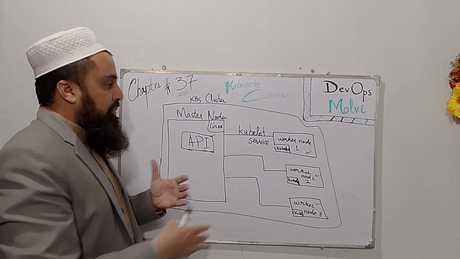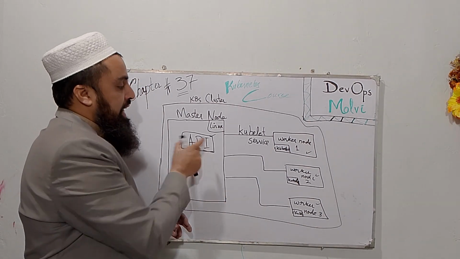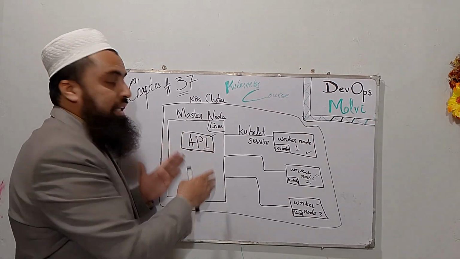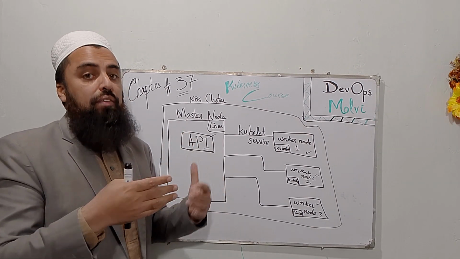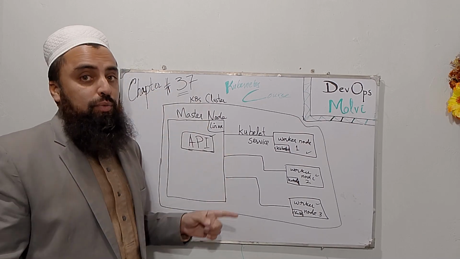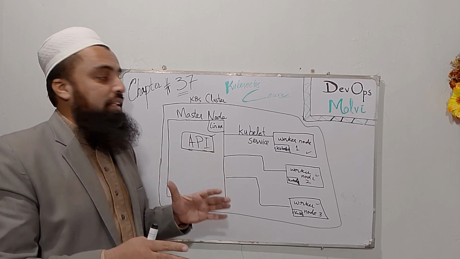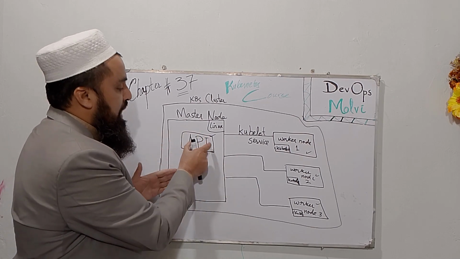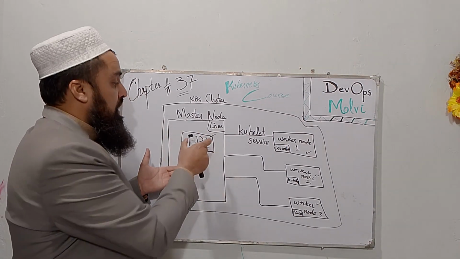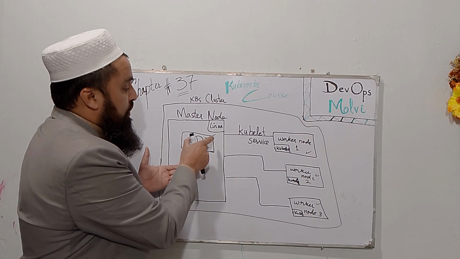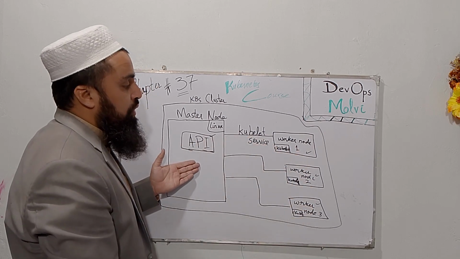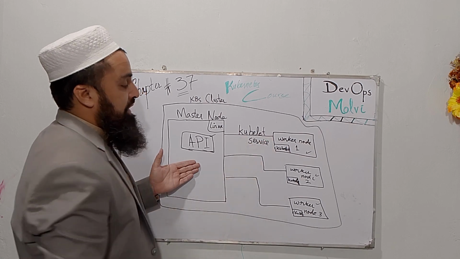So let me repeat it again. We have this API server on the master node. The master node is the cockpit, just like in any aeroplane. We are going to discuss the control plane as well, and what the components of a control plane are. But for now, the API server triggers actions or commands, and those commands are executed on these worker nodes using the Kubelet service.